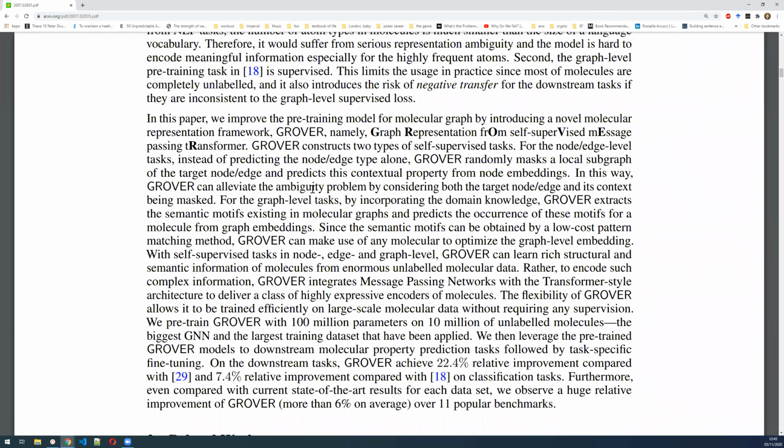From the way you spoke of it earlier, it might be several nodes they might mask. Oh yes, so they mask a certain percentage, 15% or so. Okay. Interesting.